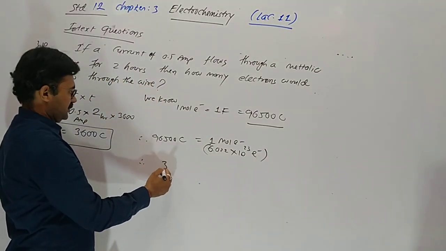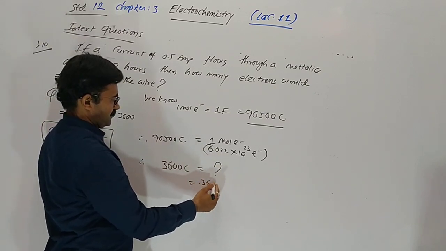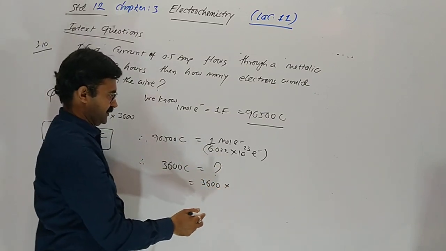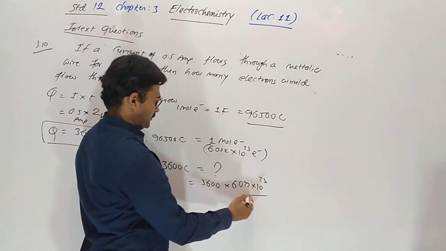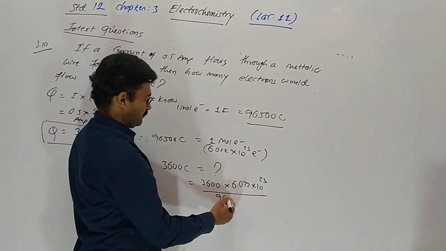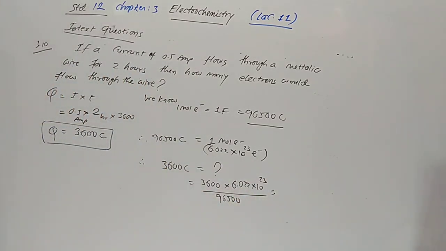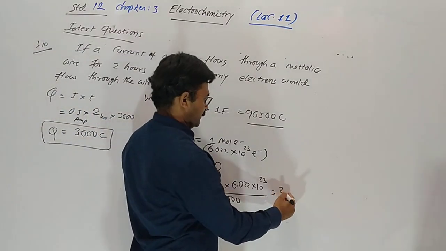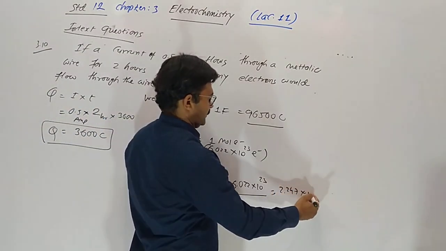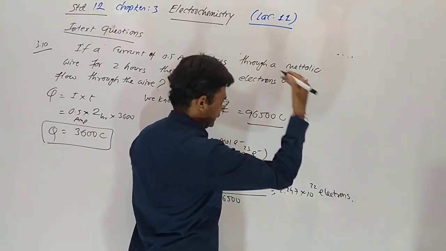So therefore at 3600 Coulomb, how much? 3600 into 6.022 10 raised to 23 divided by 96500. So 2.247 10 raised to 22 electrons.